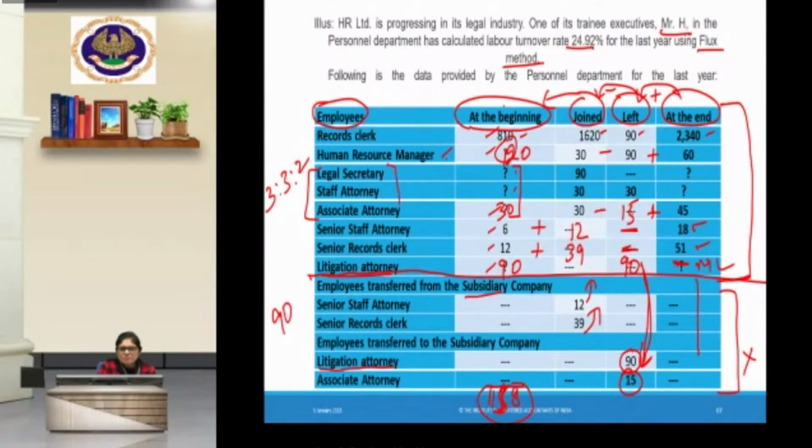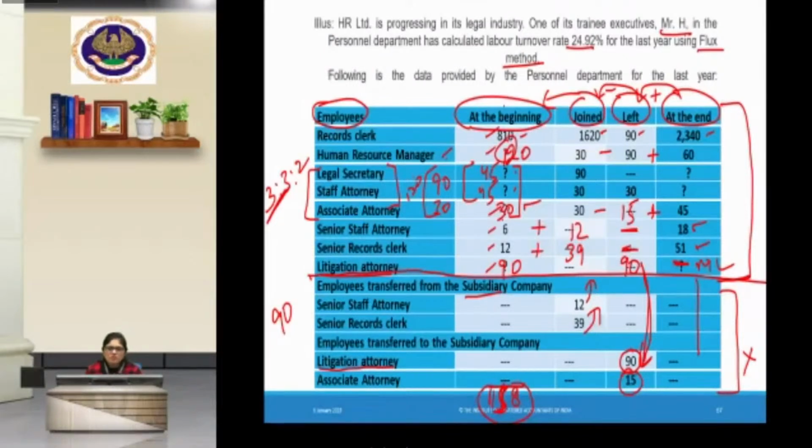90 must be shared by legal secretary and staff attorney. They were shared by associate also, but we managed to calculate the associate beginning. So the total of these two must be 90 and they are sharing it equally, 45 and 45. Plus 30, the total has to be 120.